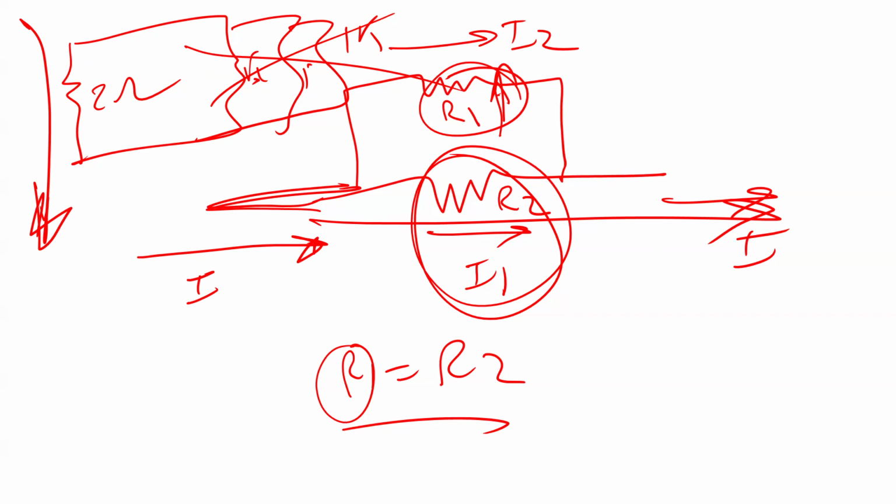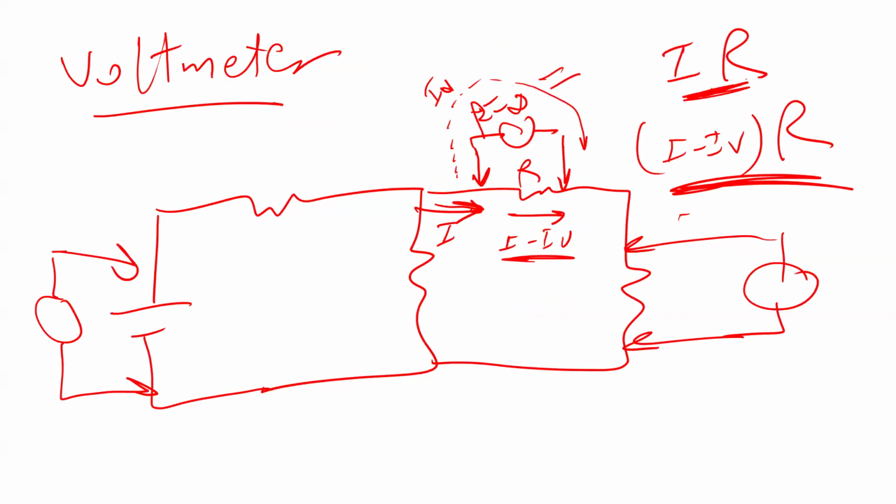So infinity does not need to be literally infinity. You get what I'm saying? If you have a very big resistance and a small one, almost 99% of the current is going to flow this way. Yes, 1% is going to go this way, so the error is going to be small, it should be okay.